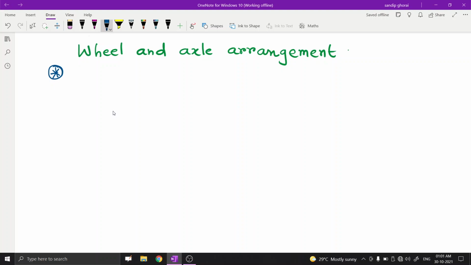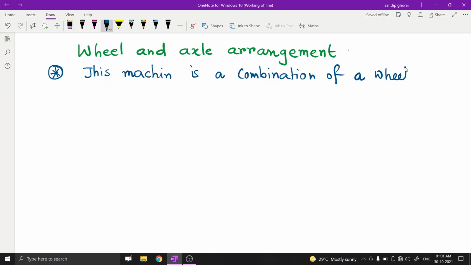As the name suggests, this is a machine, and this machine is a combination of a wheel and an axle.